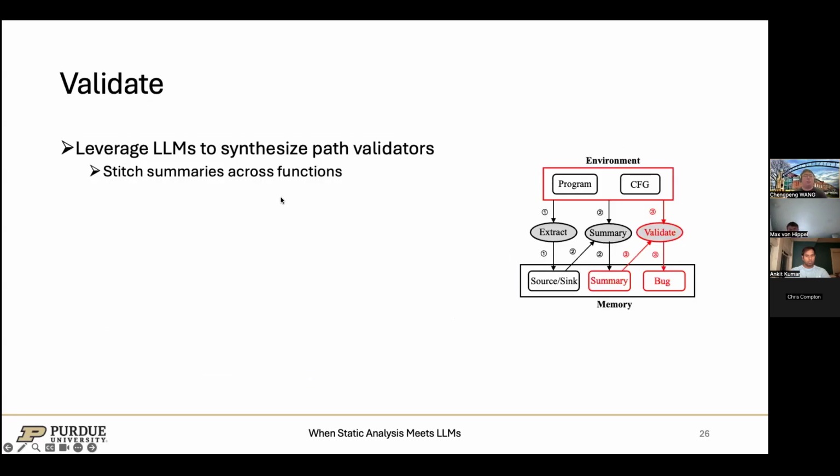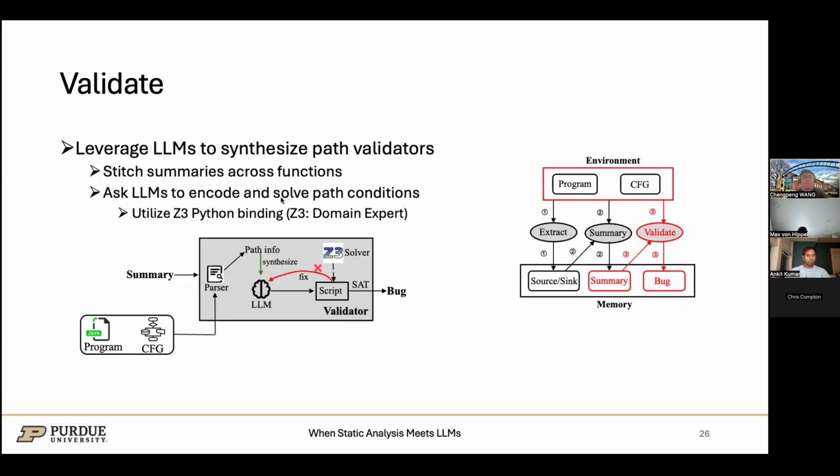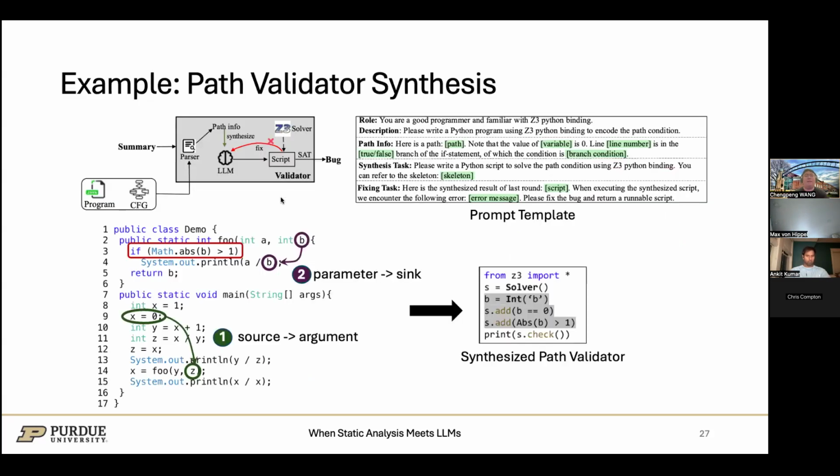And lastly, we want to validate the correctness or satisfiability of the branch condition. Similar to the first stage, we could just ask the model to check whether this path is feasible or not, whether this path condition is satisfiable or not. But instead, we feed the path information to the large model and ask the model to encode the path condition. For example, in this code, if we want to see whether the propagation from line 2 to line 4 is feasible or not, we feed this information to the large model.